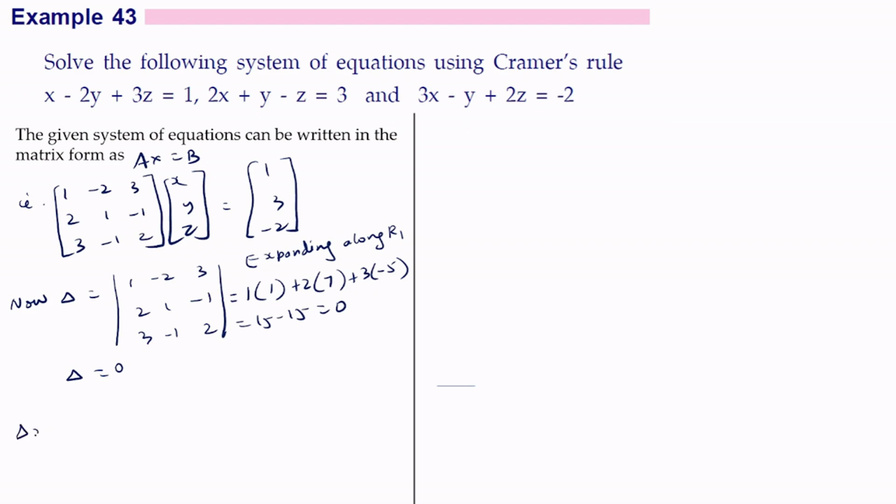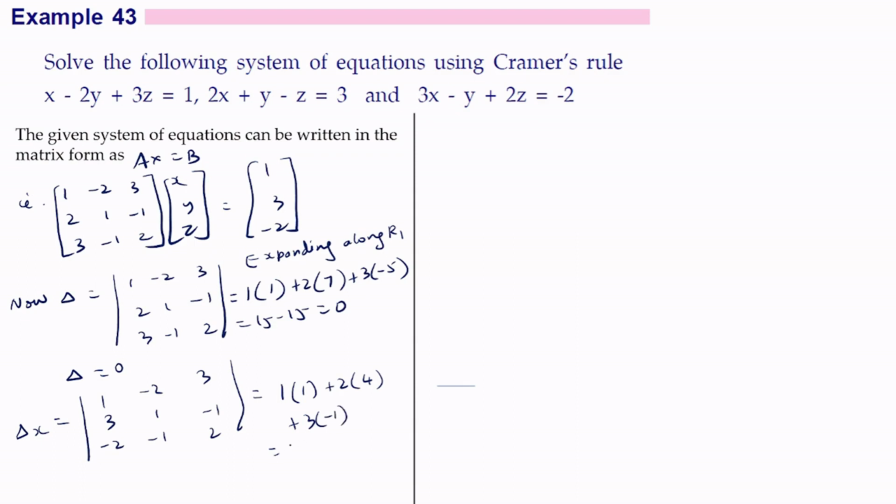Now let us find delta x. Delta x is determinant of 1, 3, minus 2, minus 2, 1, minus 1, 3, minus 1, 2. Here we have to replace the first column with the constants. So again expanding along R1, we get 1 into 2 minus 1, 1, plus 2 into 6 minus 2, 4, plus 3 into minus 3 plus 2, minus 1.